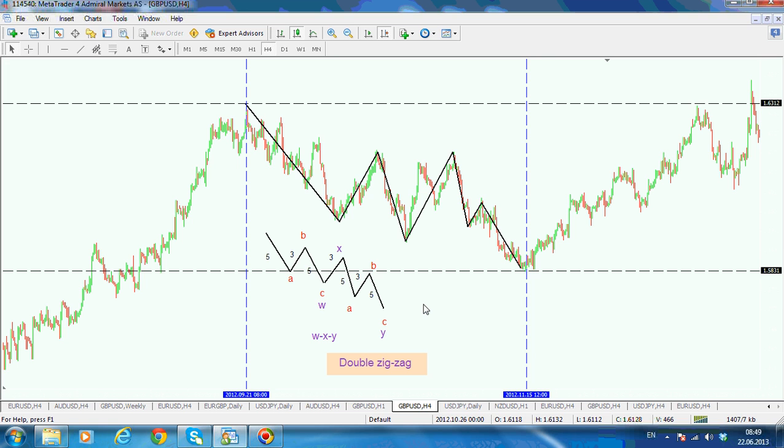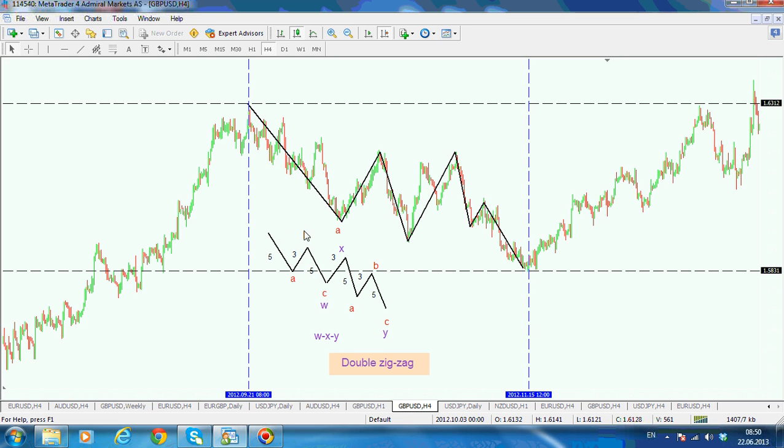See how different a textbook image looks when looking at it, and how different it is than the reality on the currency markets. So basically, this should be our wave A. Then we have a retracement for the B wave to the upside. And then we have a nice retracement for the C wave to the downside.